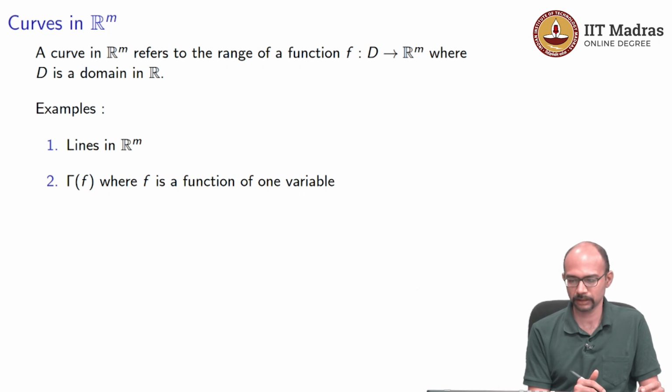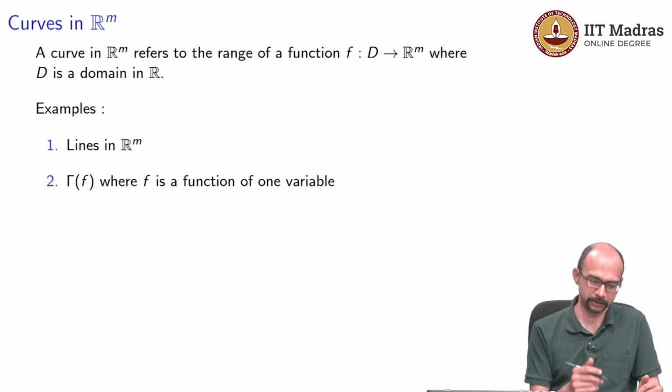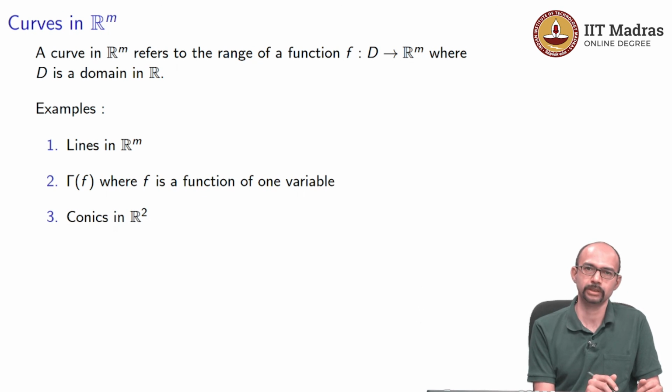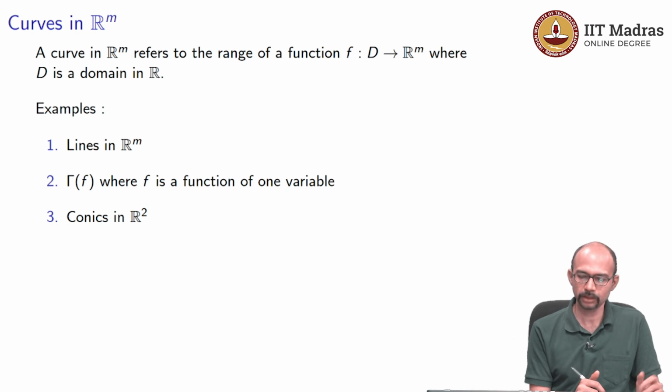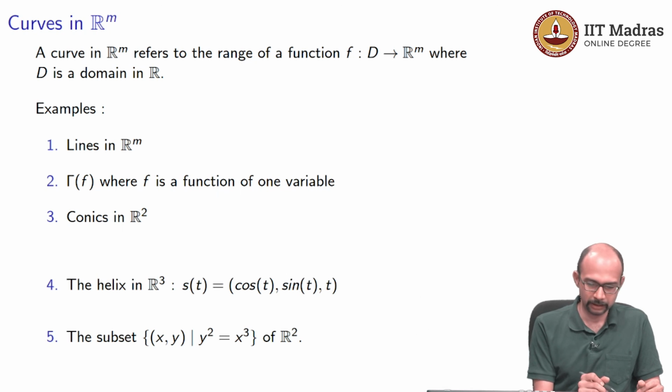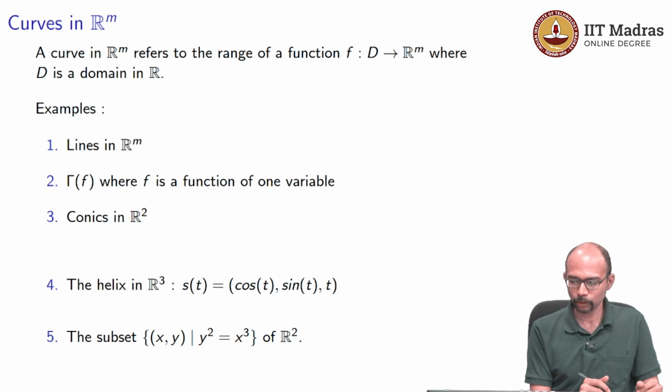Well, actually, if it is a function of one variable with range in something else, then gamma is also a curve. So, conics in R2, this is a very important example. So, conics in R2, again we have talked about these when we did tangents. So, this is for example ellipses, parabolas, hyperbolas, the circle, right.